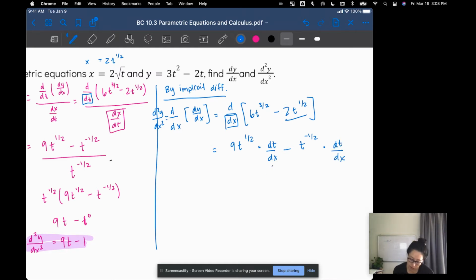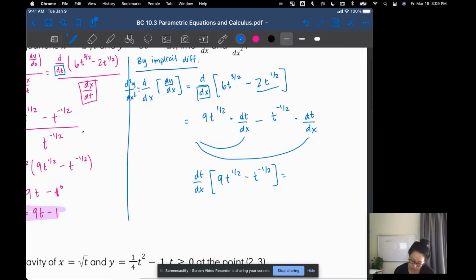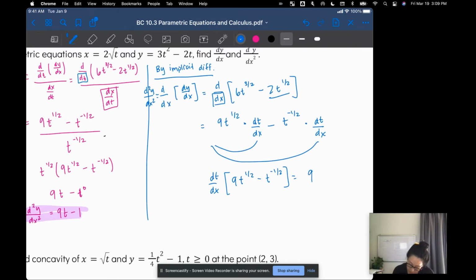Now let's factor out dt/dx, leaving 9t to the 1/2 minus t to the negative 1/2. And I'm going to reciprocate the denominator to give me 9t to the 1/2 minus t to the negative 1/2 over dx/dt.